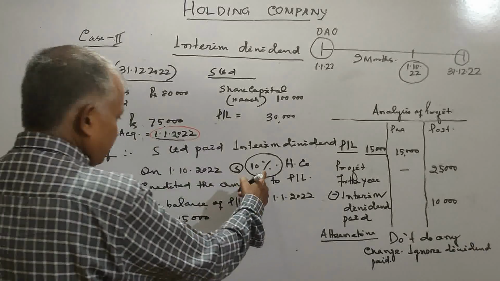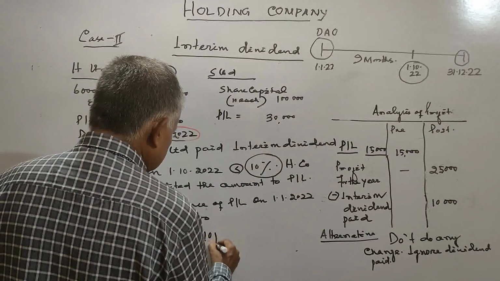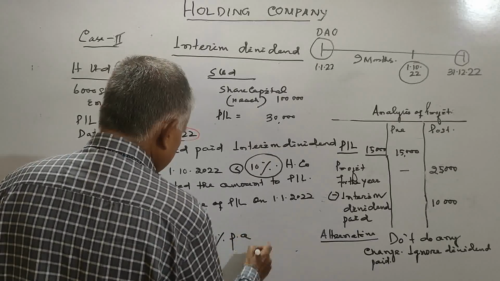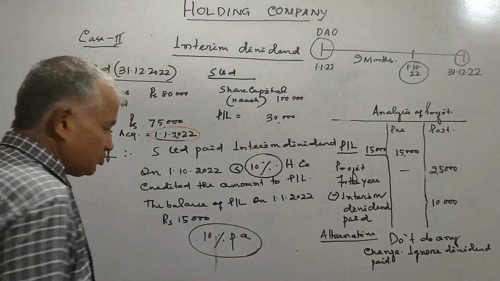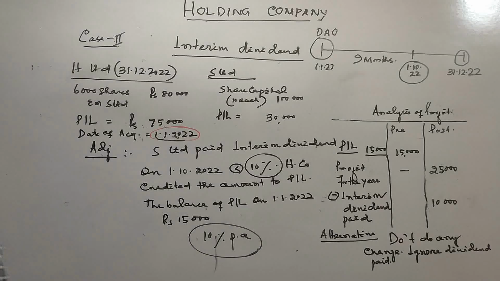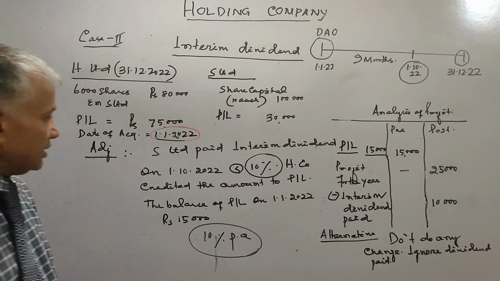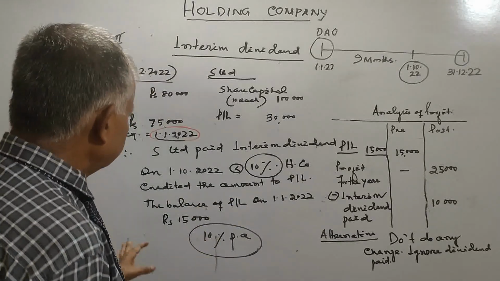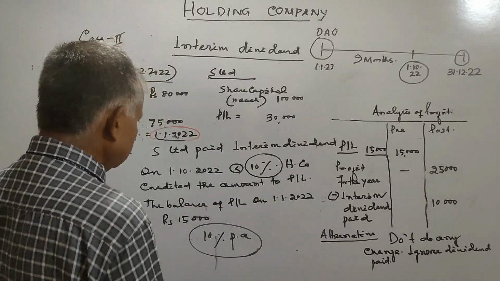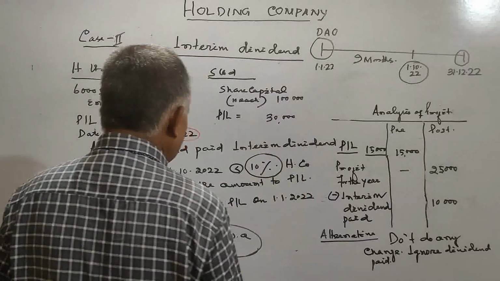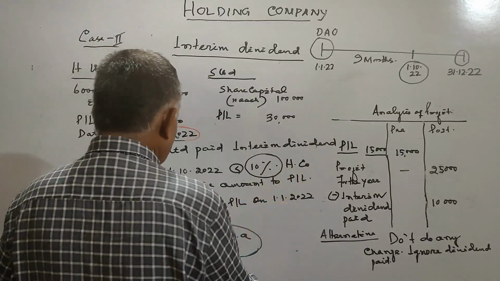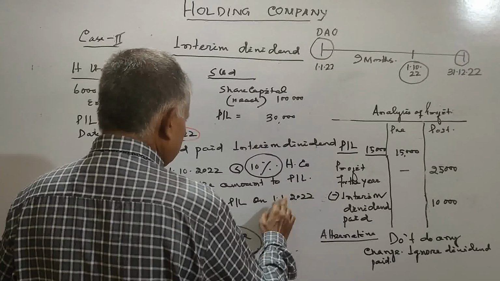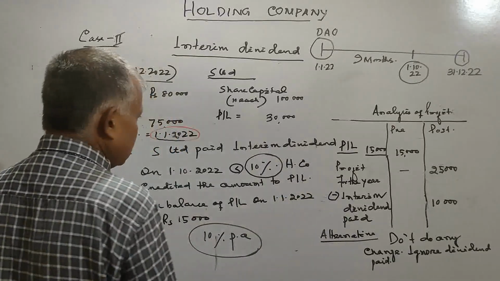I have not given you 10% per annum. If it is 10% per annum, the things will be different, that I will discuss with you. So at 10%, H company credited the amount to PL. The balance in the PL on 1/1/2022 is 15,000.